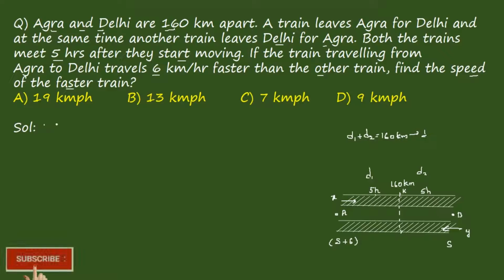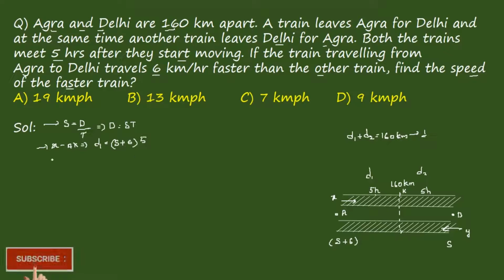The general thing that we know is speed is equal to distance by time, right? Then you get distance is equal to speed into time. If you consider train X, it is moving from Agra to Delhi, and if it is moving from A to K, then the distance covered is D1, which is equal to speed, given as S plus 6, into time, given as 5 hours.